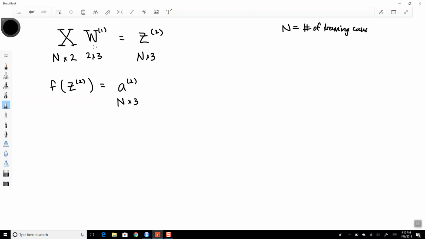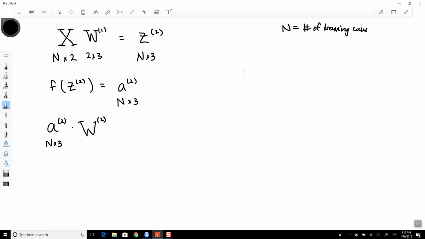Okay. We've got another weight matrix going from A2, and this is our second weight matrix. So to kind of represent the arrows. A is n by 3. What do you think the dimensions of W are going to be?